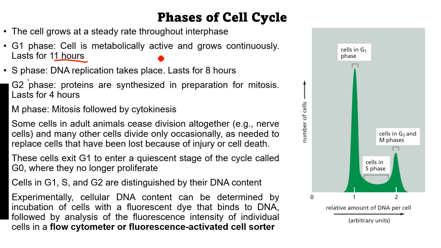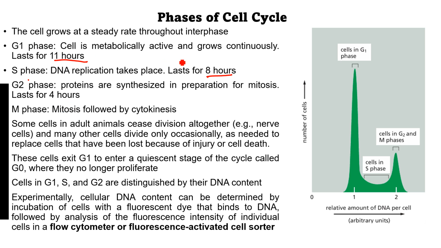For this exam, if you can have a rough understanding of which phase is relatively longer compared to the other phases, then it will be good. So the G1 phase takes the maximum duration of time, around 11 hours, and the S phase will last for 8 hours, and the G2 phase lasts for 4 hours.